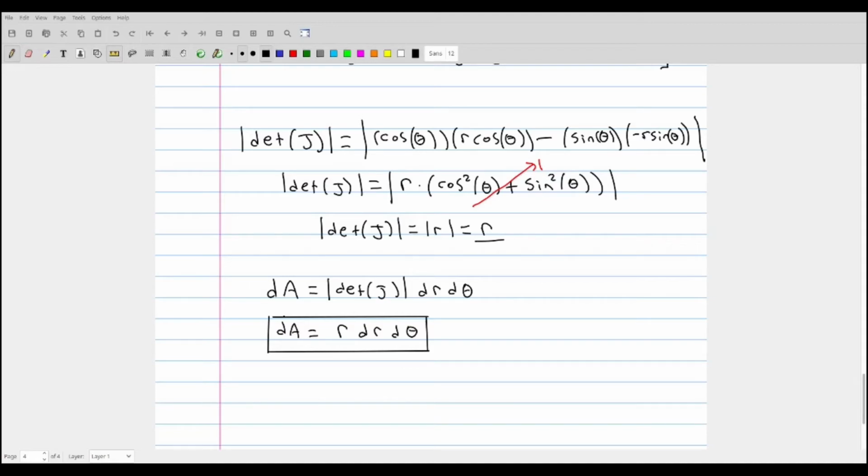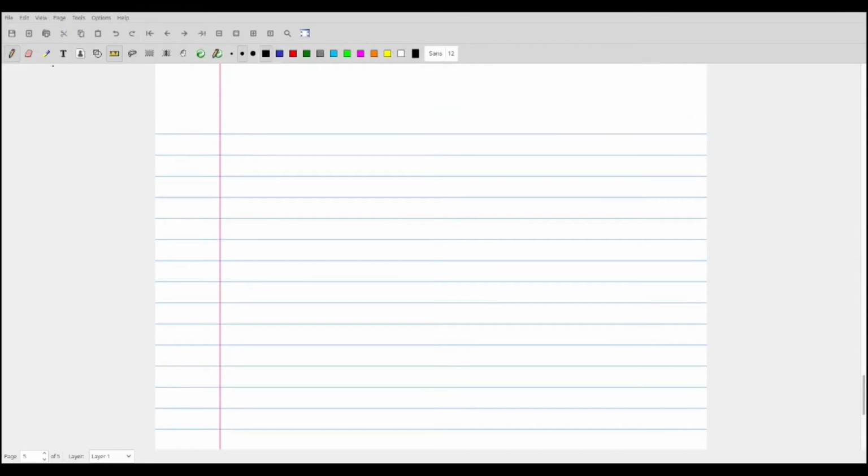Let's go through and do some examples of this and how to use this in different polar coordinate integrals. It's a very, very powerful tool because it gives us much easier integrations to deal with, both in terms of bounds and in terms of actually doing the integral.